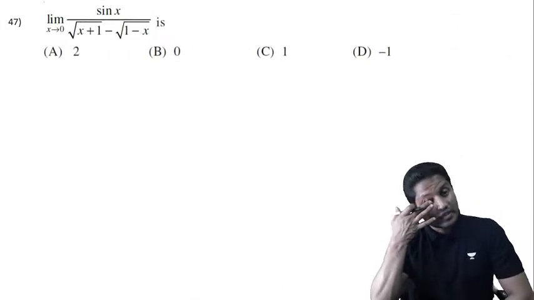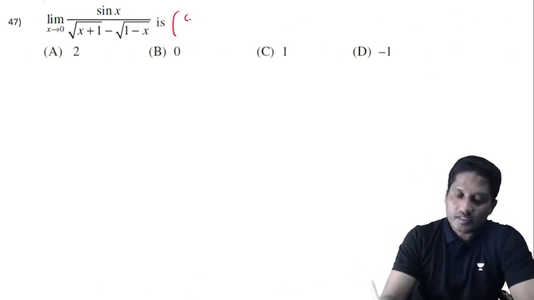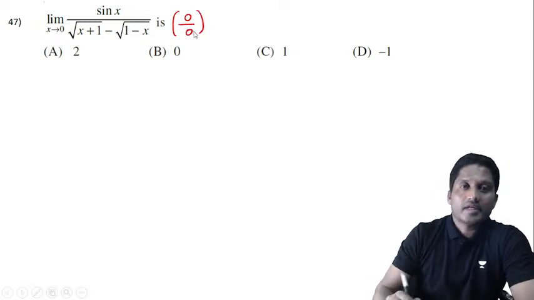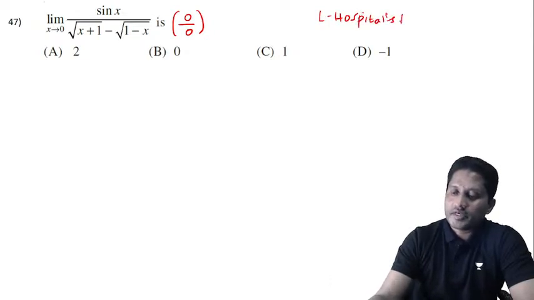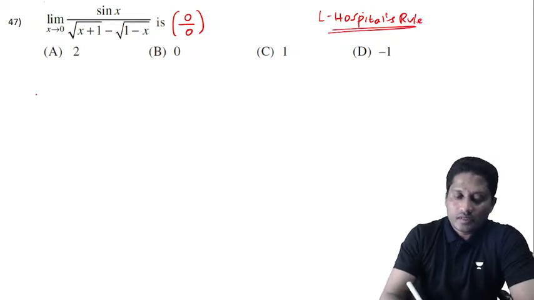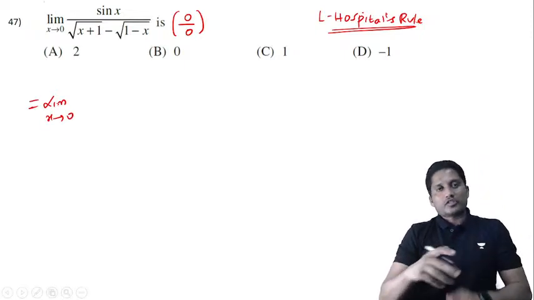Question number 47. If x is tending to 0, I'll get 0 by 0 form. Let us use L'Hopital's rule. When you get 0 by 0 or infinity by infinity, you have to differentiate the numerator and denominator separately. Limit x tending to 0 of differentiation of sin x is cos x, right?